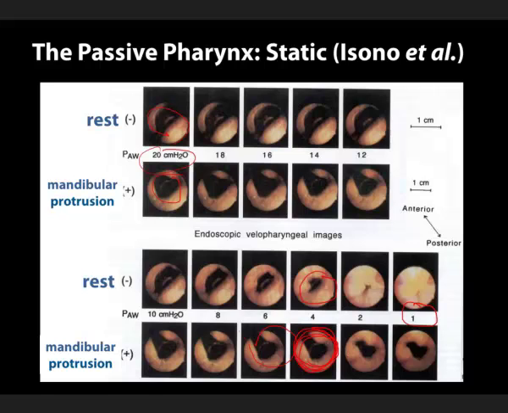And with the protruded mandible, it stays open all the way down to really 1 atmosphere of pressure, so we have an effective opening of the airway with protrusion alone. It's not more open with pressure. So that is the baseline for why we think about bringing the jaw forward to open the airway.